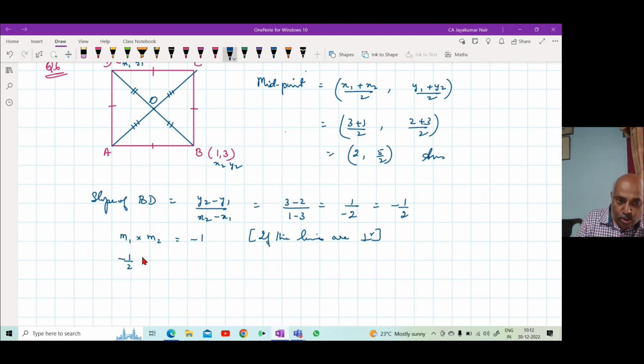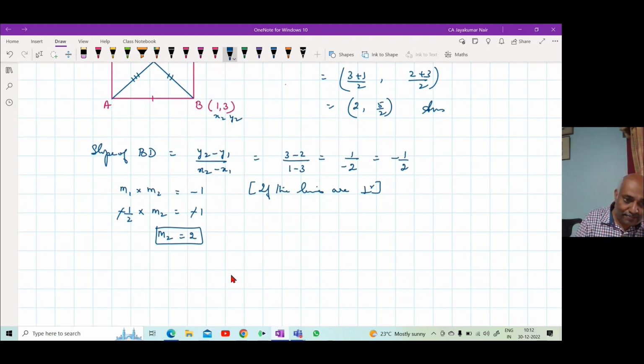M1 is minus 1 over 2. M2 you don't know. So minus 1 over 2 into M2 is equal to minus 1. Minus on both sides gets cancelled. So M2 is equal to 2. Therefore, the slope of the line AC is equal to 2.